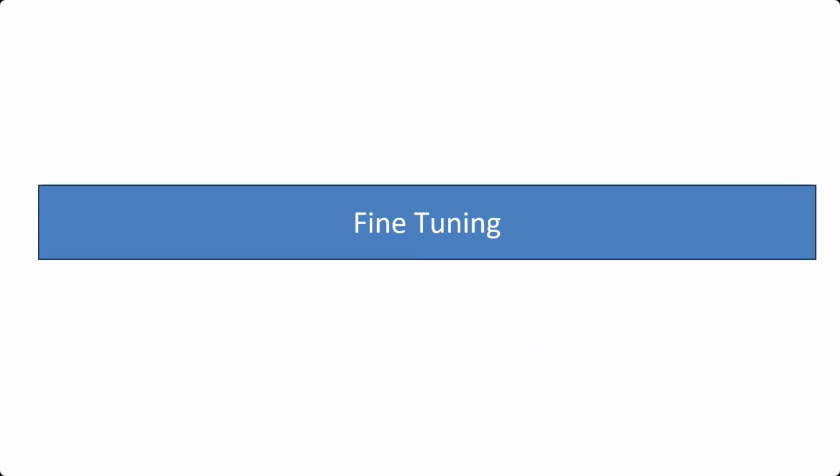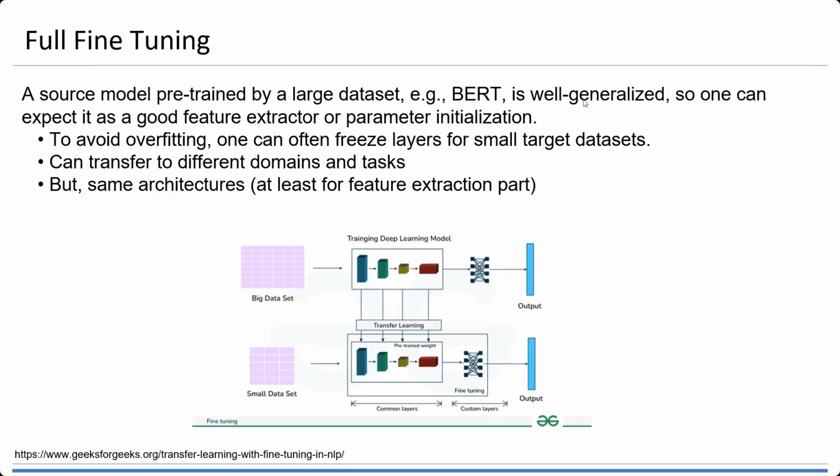In transfer learning, because we call it transfer, we need to move or shift some parts from the model from the source into the target. Fine tuning means we have a source model. Let's assume that the model is already pre-trained. Last week we learned about the pre-trained model, and we have a large data set.